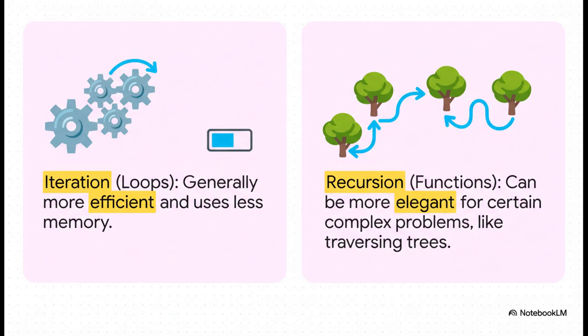Standard loops, which we call iteration, are usually faster and use less memory. They're the go-to for most day-to-day tasks. But for certain really complex problems, like navigating a huge family tree with all its branches, recursion can be a much more intuitive and, frankly, beautiful solution. They're just two powerful tools for the same fundamental goal, repetition.